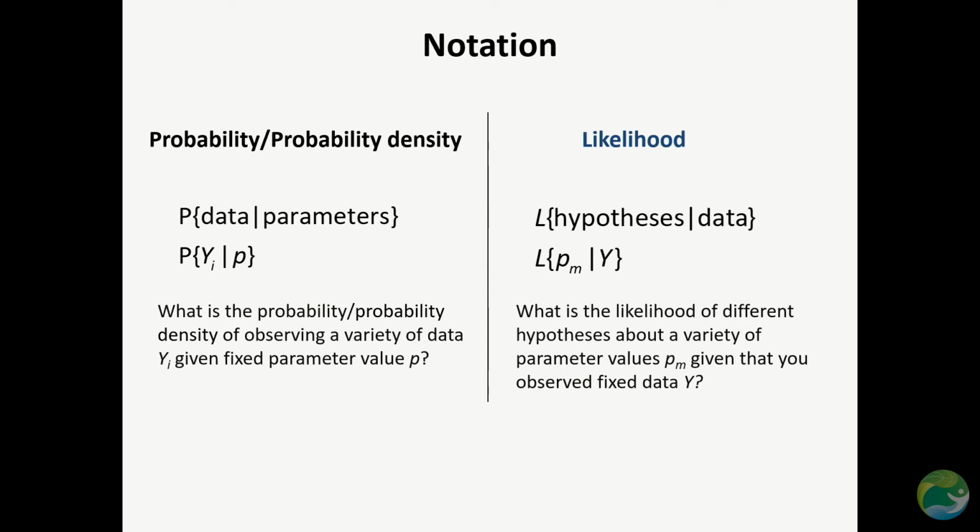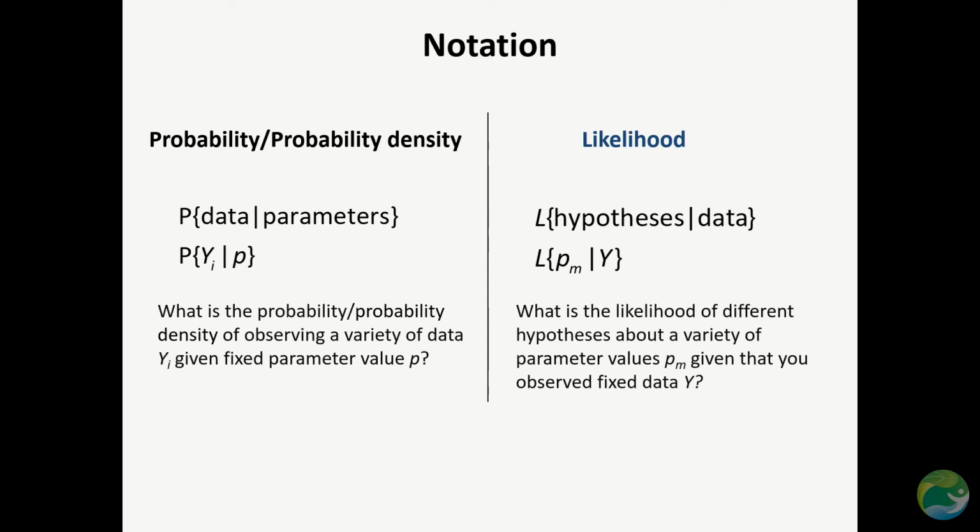All right. Likelihood, flip it around, okay? Use L. Right now it's given by your data. So here you can say different hypotheses or different parameters. So likelihood is given by Y, the data.